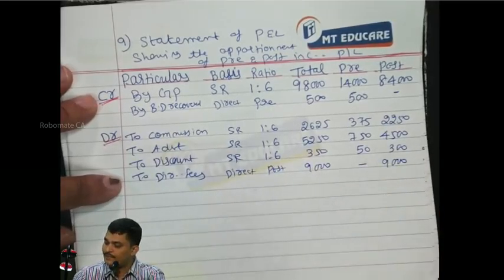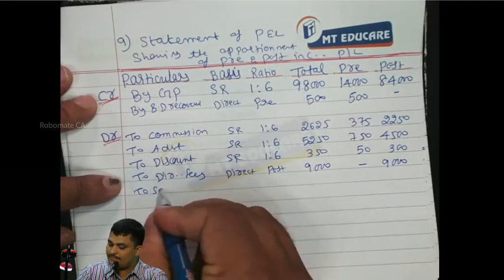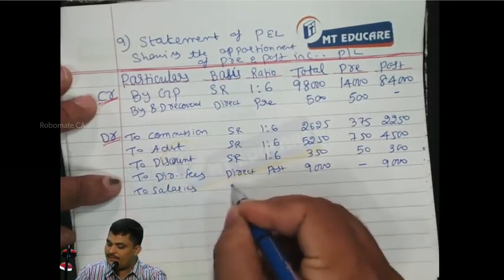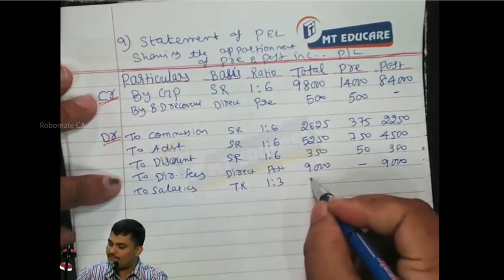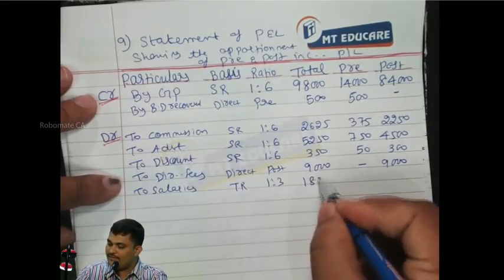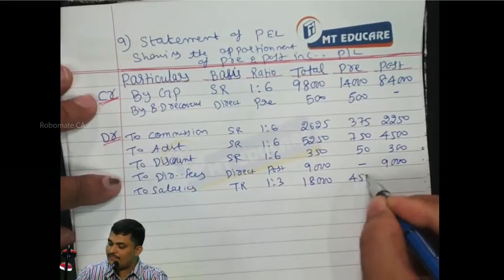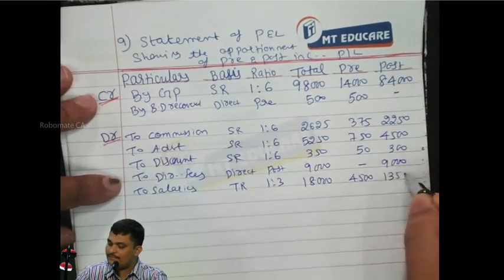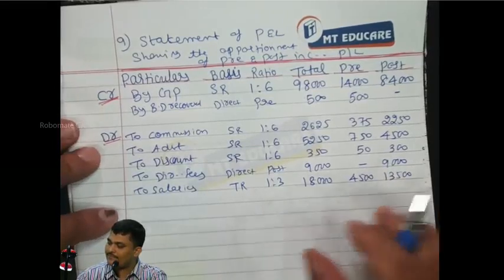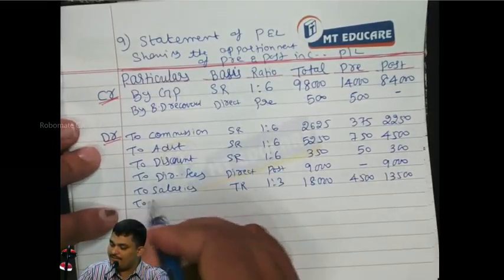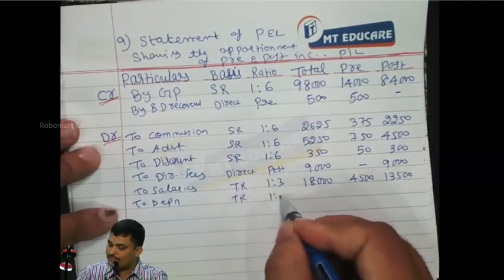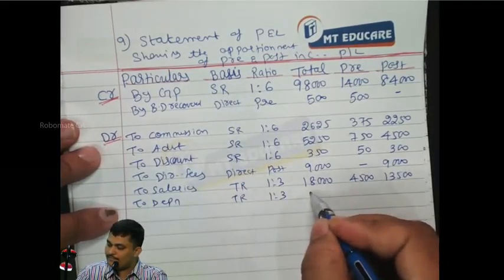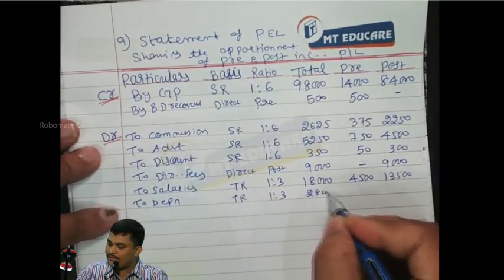Then salaries, time ratio 1 is to 3, 18,000. Okay. Depreciation, time ratio, 2000.